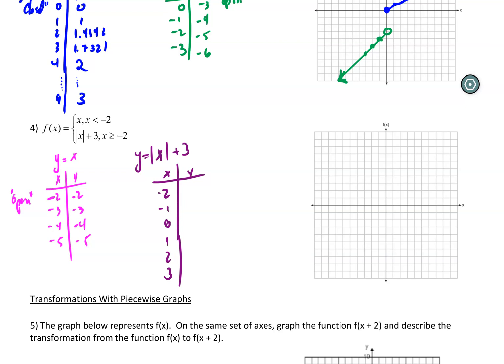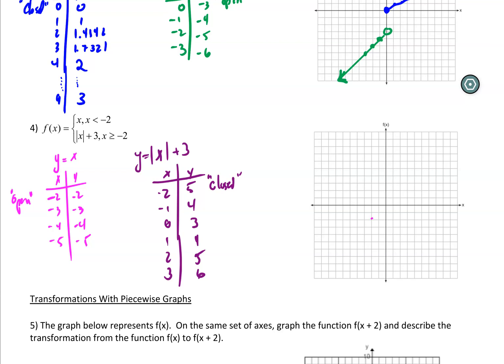And let's see, 2 plus 3 is 5. This is going to be 4, 3, 4, 5, and 6. And this was a closed circle for that point. All right, so let's graph this one.